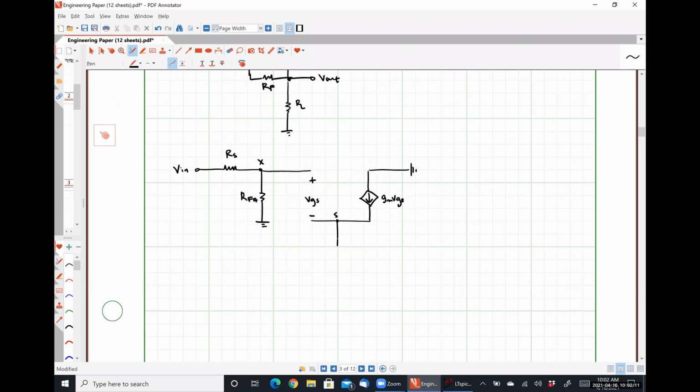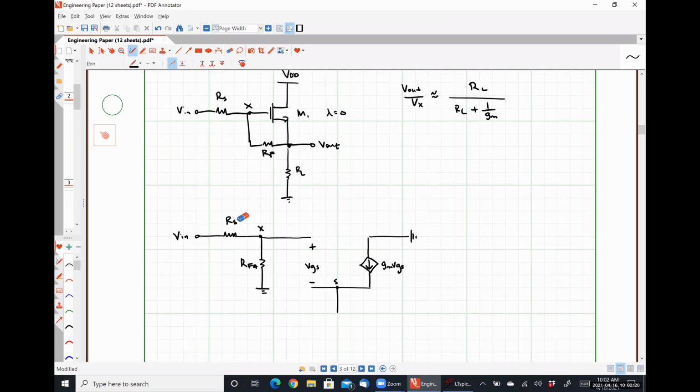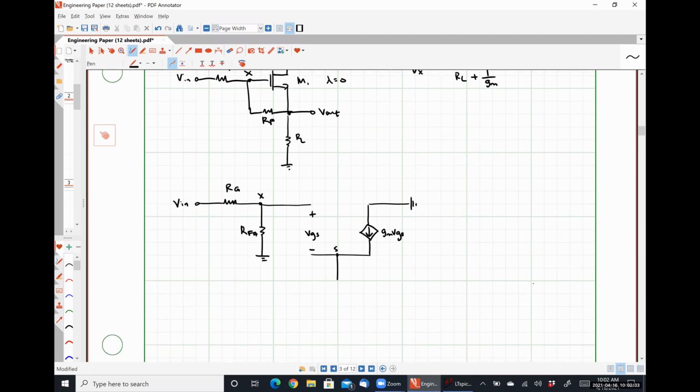Let's change it to RG. I think I had RS as a source resistance, but I can definitely see why that would be confusing. So let's move it to RG.